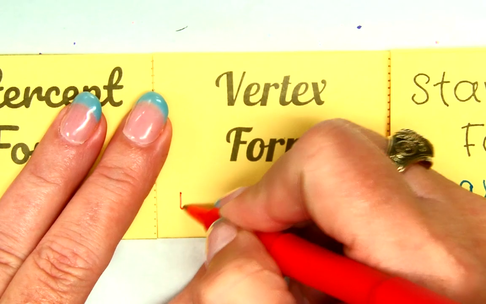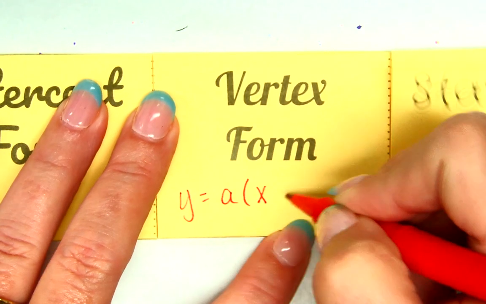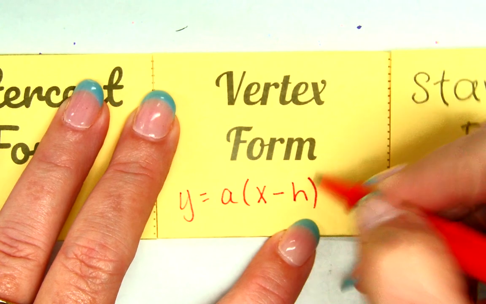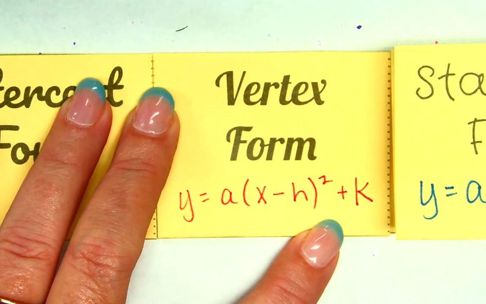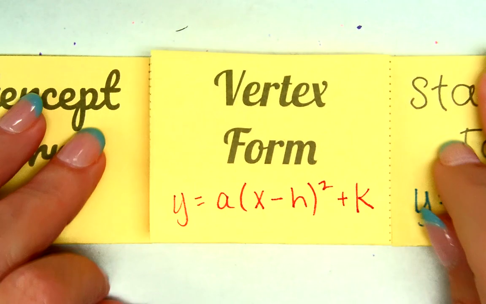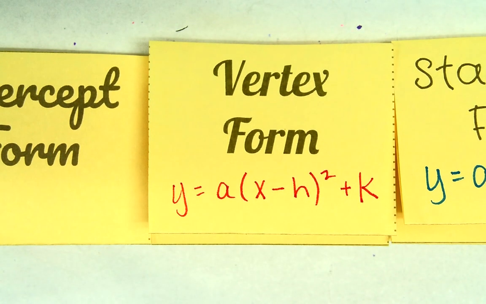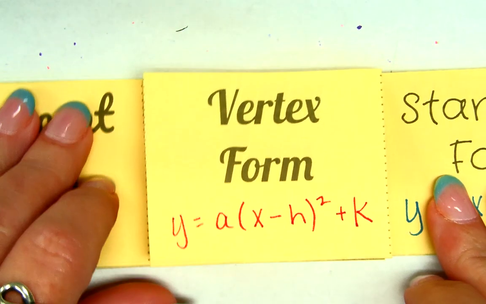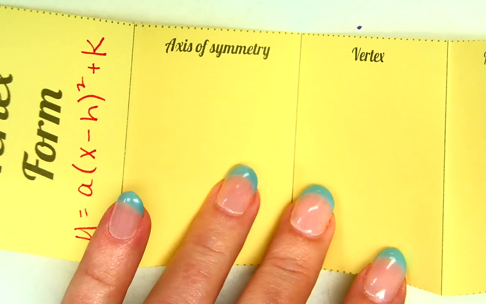Vertex form is y equals a times x minus h squared plus k. Okay, this is vertex form. Now when I open it up this time we're going to do the vertex first.